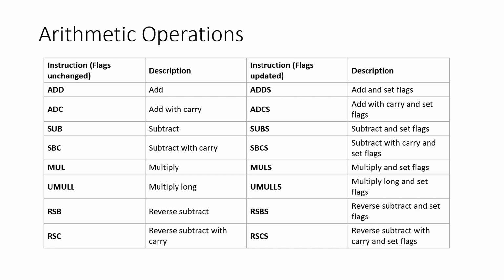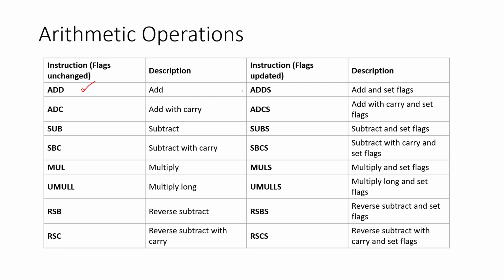And next, coming to arithmetic operations, these are most important. Every arithmetic operation has two variants. One is the simple operation, and the other is preceded with S. This S suffix means you are setting the flags.